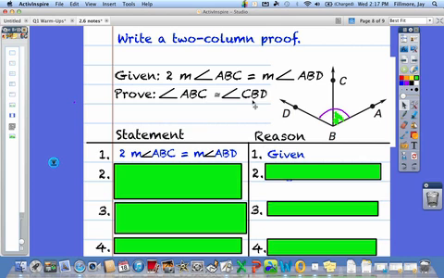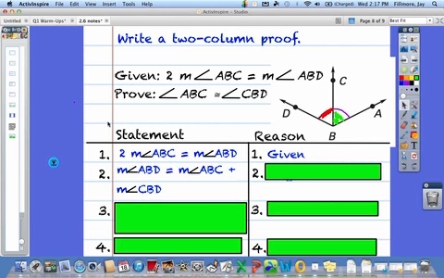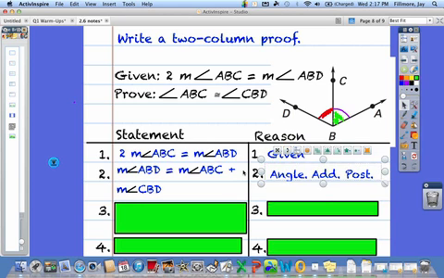Well, let's try looking at the diagram. I can write a statement with both of those together by using my angle addition postulate. The measure of angle ABC plus the measure of angle CBD equals the measure of the whole thing, ABD. So if we write that as a statement, we can finally get ABC and CBD together, right here and right here, and that's going to be our angle addition postulate.